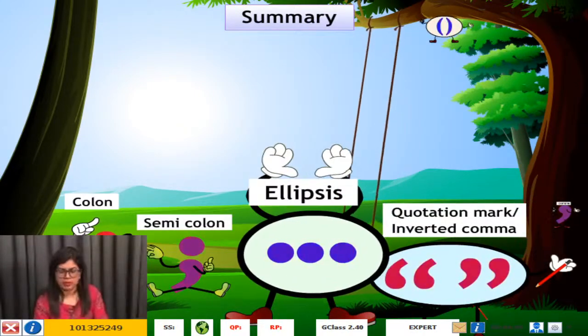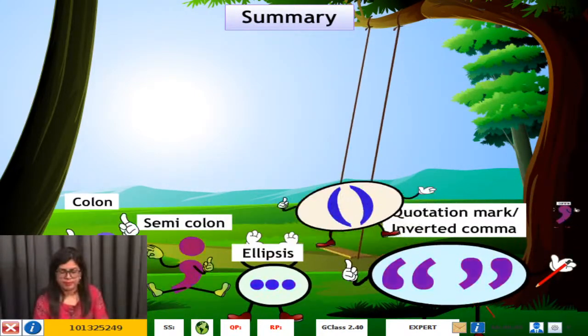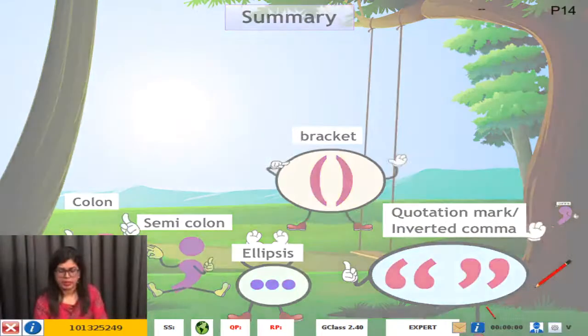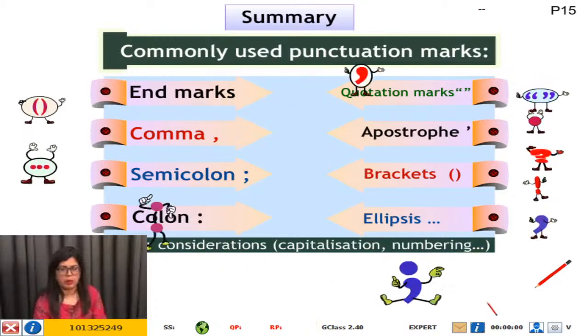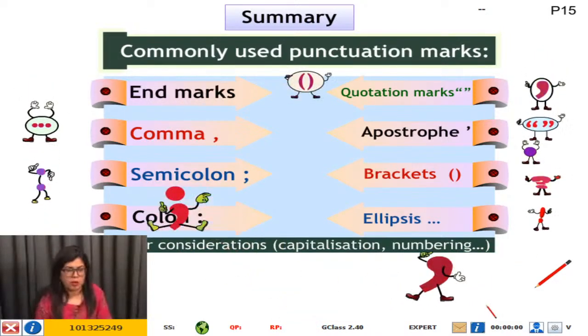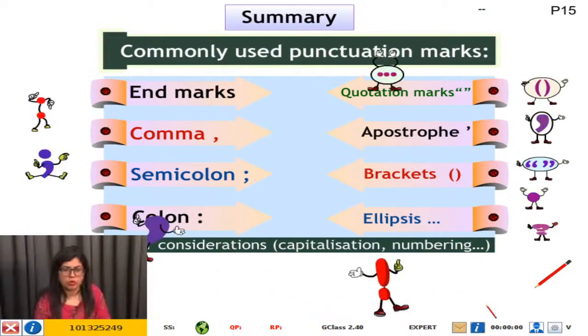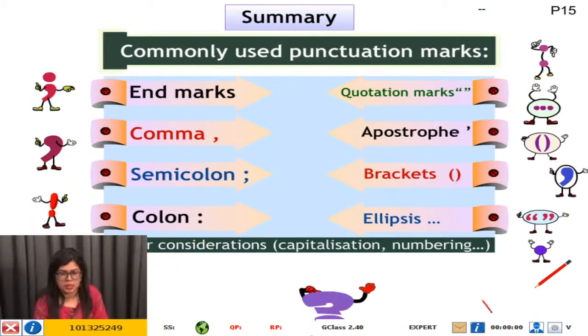Yes, this one is ellipsis, bracket. Okay, so commonly used punctuation marks: end marks, comma, semicolon, colon, quotation mark, apostrophe, brackets, ellipsis.